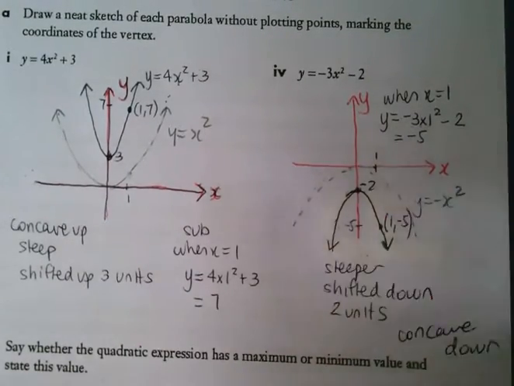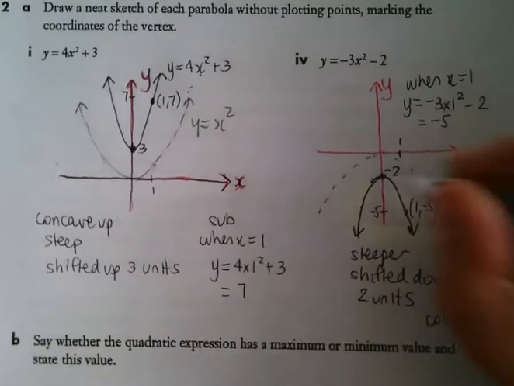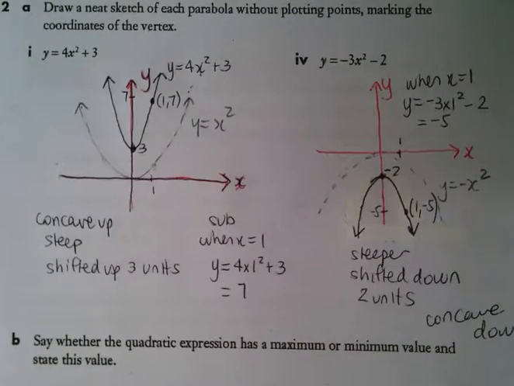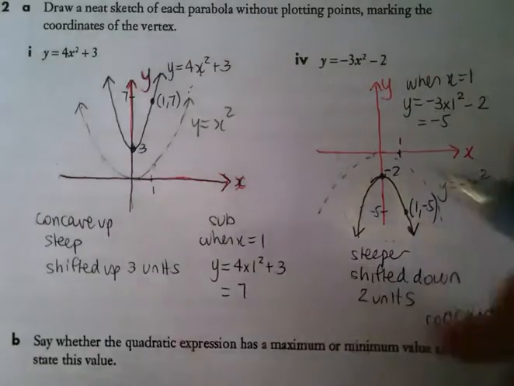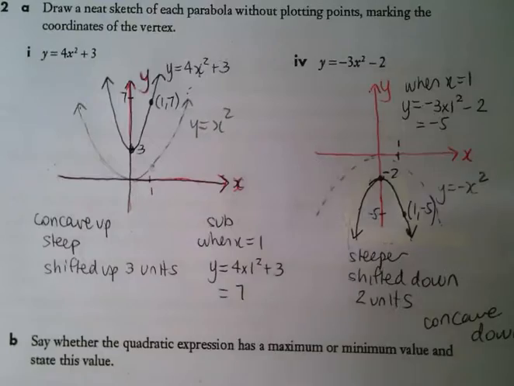But this is steeper and shifted down. All right? Do you get it? Girls, I'm only doing 1 point on one side because these have symmetry. You only need to draw one side and then you just mirror. You draw this side and the other side's the mirror image of it in the y-axis.